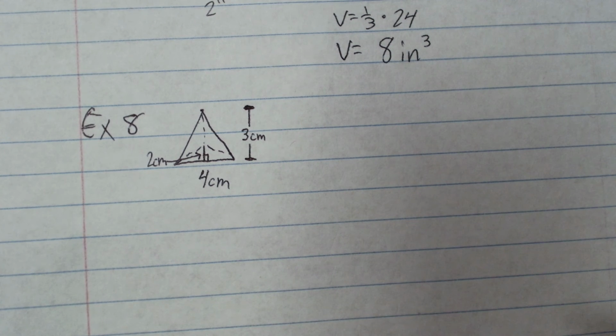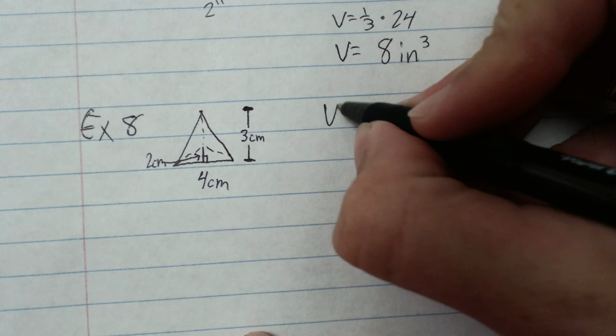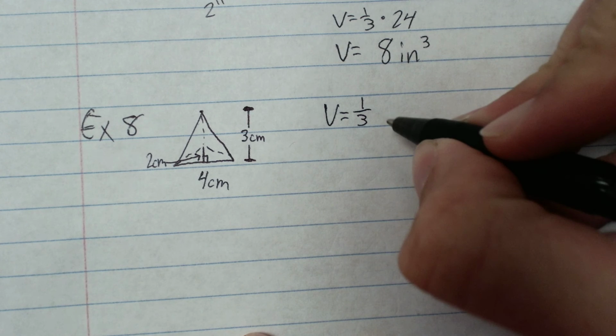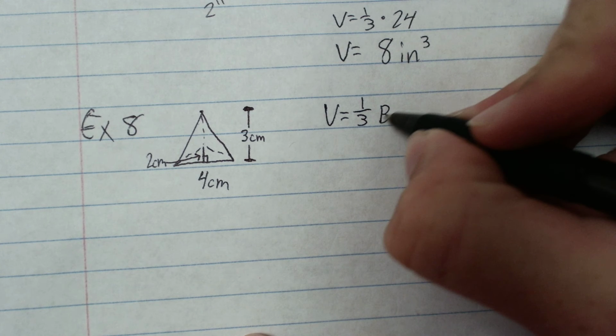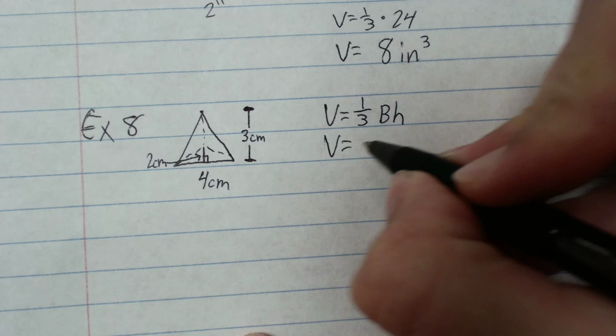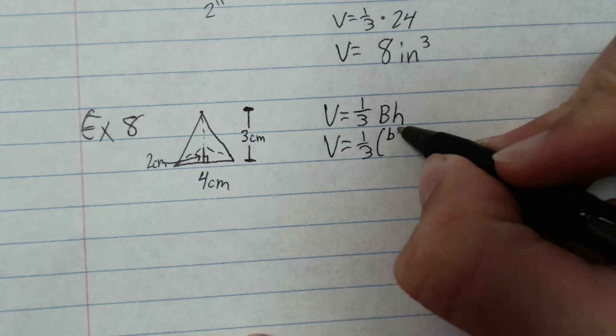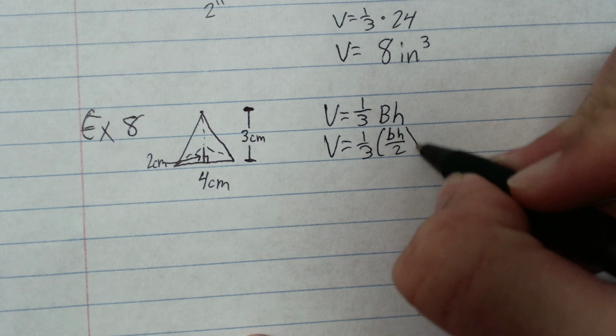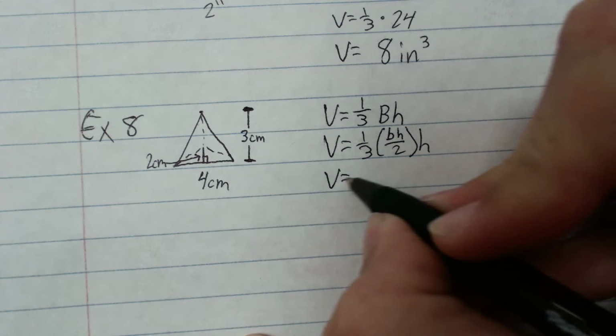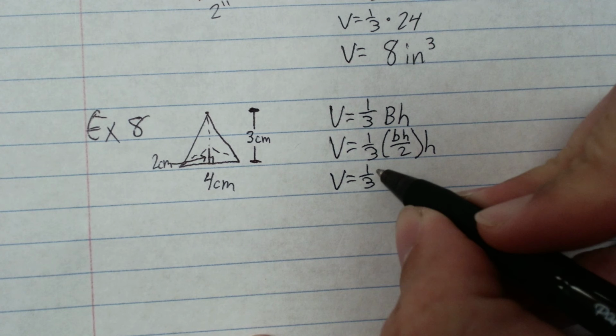Now if we look at the volume, it's still a pyramid, so it's going to be 1/3 base times height, but this time our base is a triangle, so it's going to be base times height divided by 2. So that's 1/3 of the base times height of our triangle.